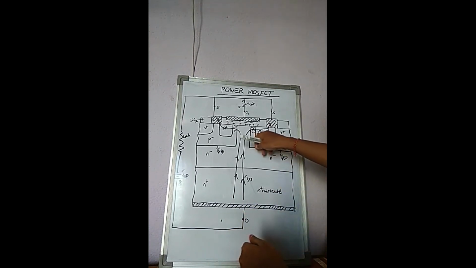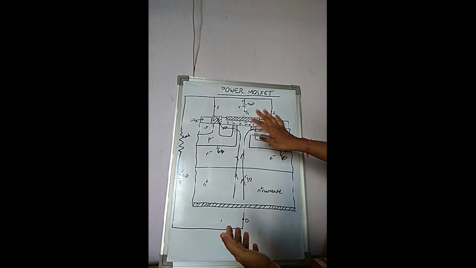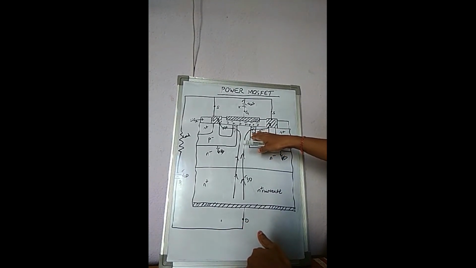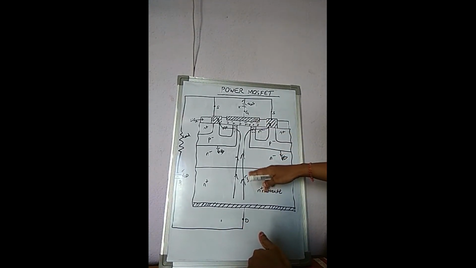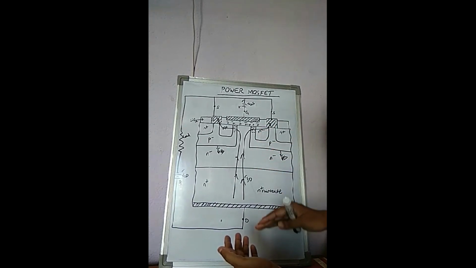But here the length of the N channel is minimized, hence the on state resistance also decreases, and once the on state resistance decreases, the power dissipation during conduction is also low.